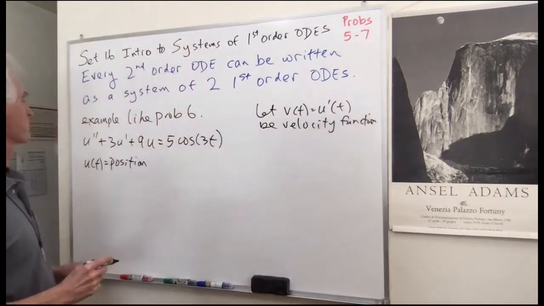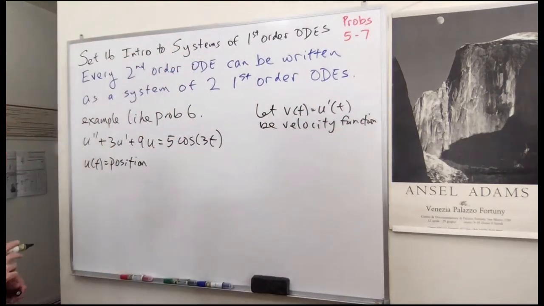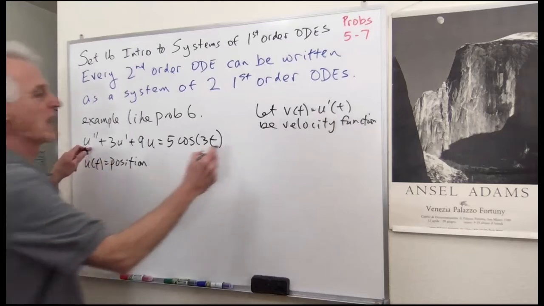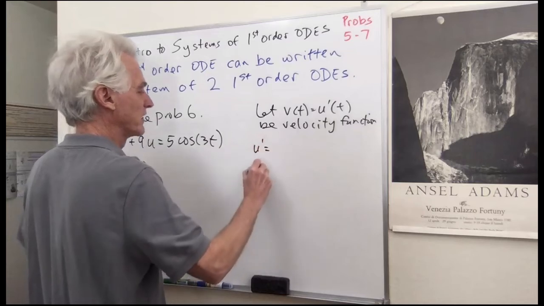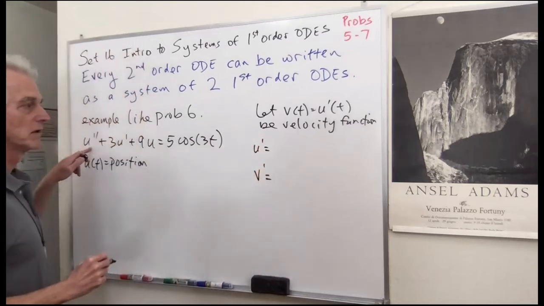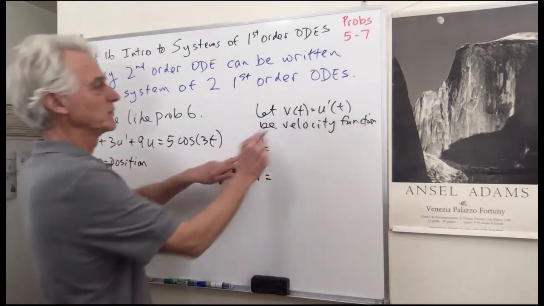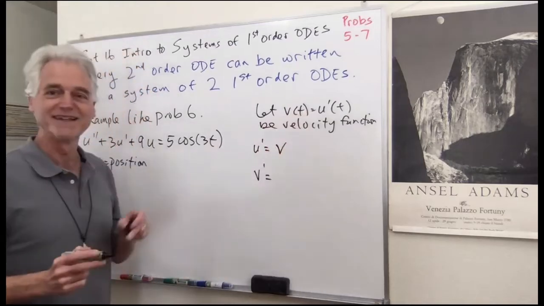Let's just do it. So now we need to write the system of u prime equals something, v prime is something. Well, the first one is easy. u prime is v.